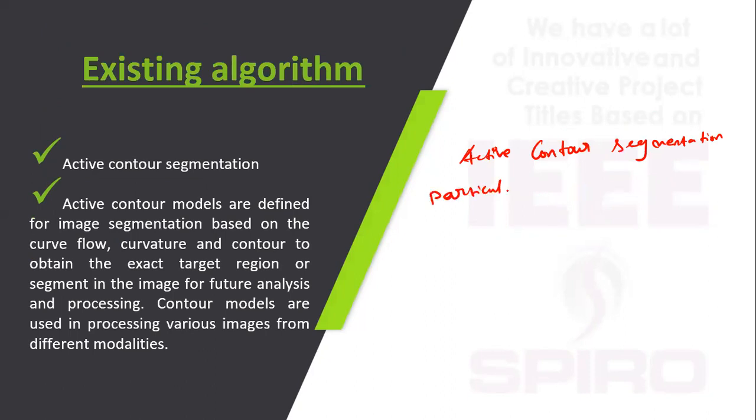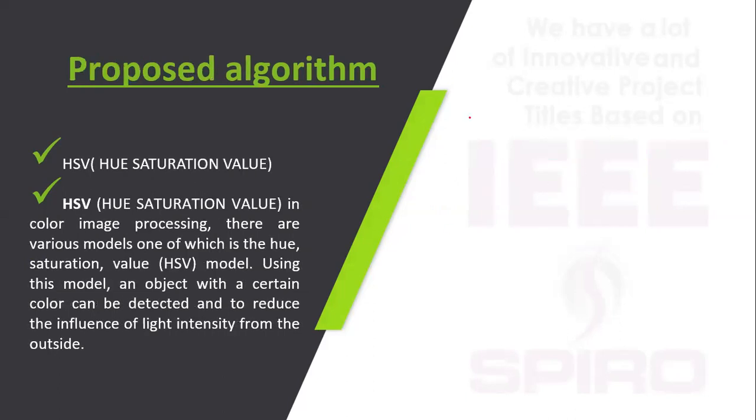In the proposed system, we are using color conversion, that is HSV. H stands for hue, S stands for saturation, and V stands for value. This is a type of color conversion method for predicting skin cancer.